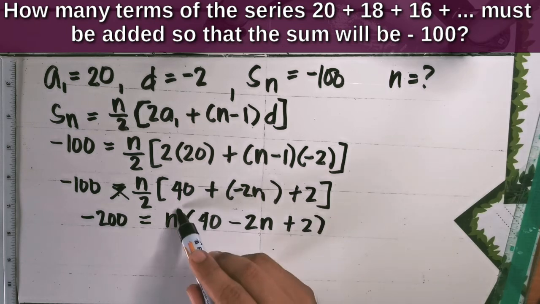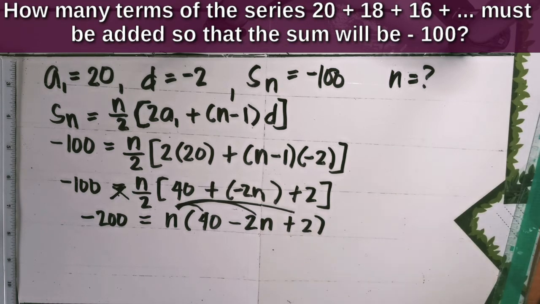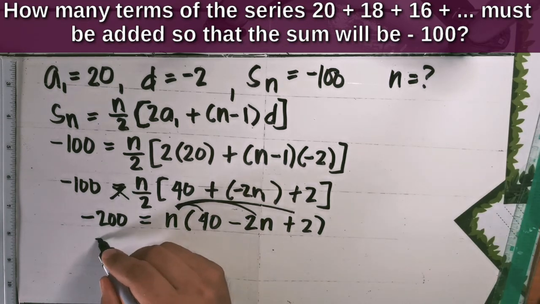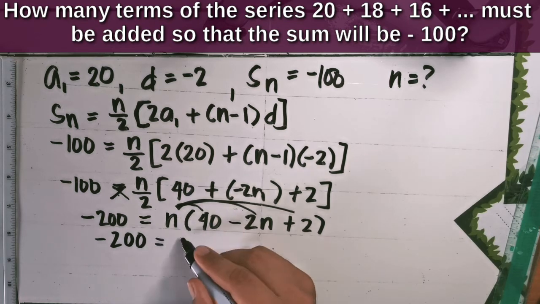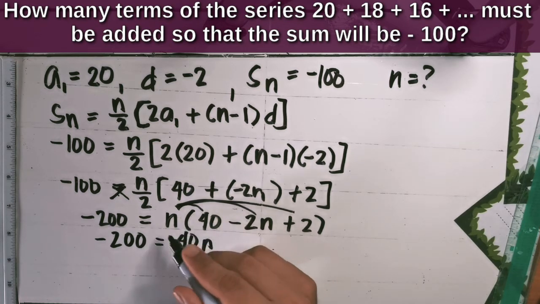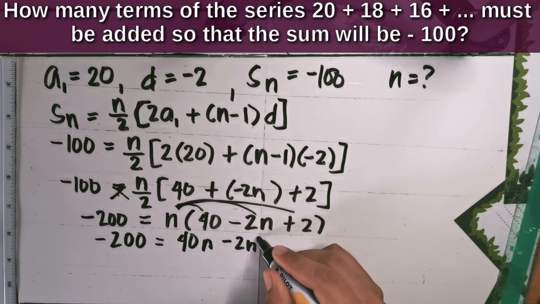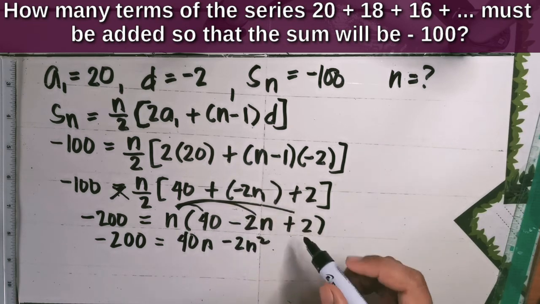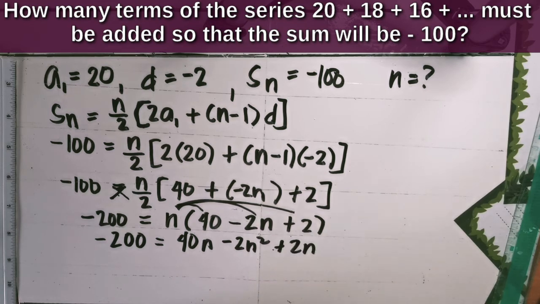Then let's multiply n to each of the terms in the parenthesis, so that is negative 200 equals n times 40 is 40n, n times negative 2n is negative 2n squared, n times 2 is 2n. Then let's combine like terms.